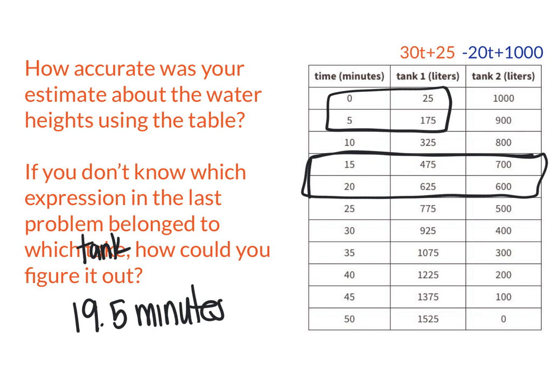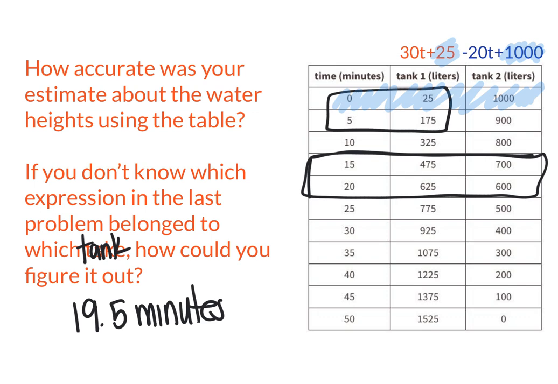How do we figure out our y-intercept? Well, if we look at just that first row, we already have our y-intercept for both of our tanks. If I look at my y-intercept for tank 1, I know that that's 25, so that's going to match that expression. And if I look at my y-intercept for tank 2, I see that that's 1,000, which matches the second expression. So we would be able to figure it out by looking at the y-intercept because it's included in the table. We want to use what they gave us.